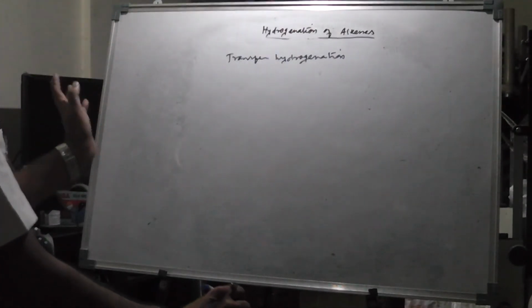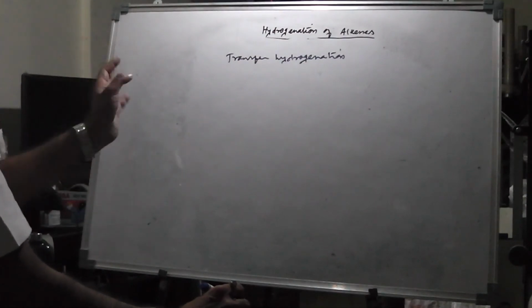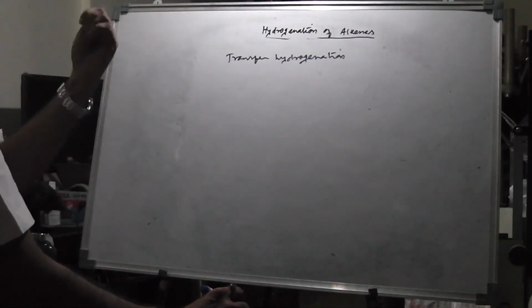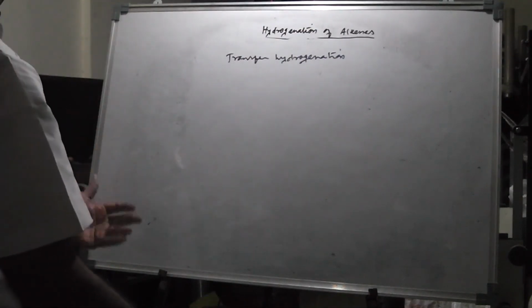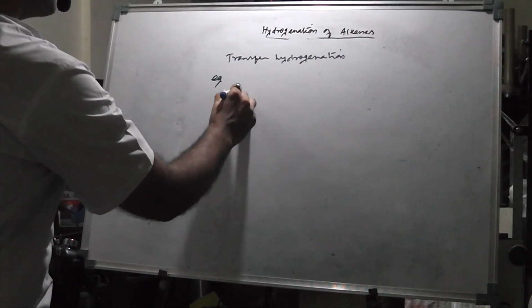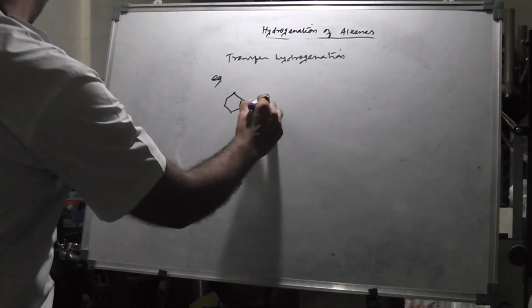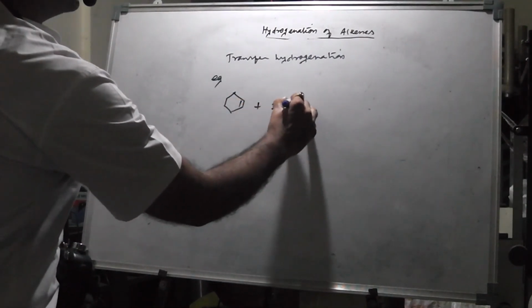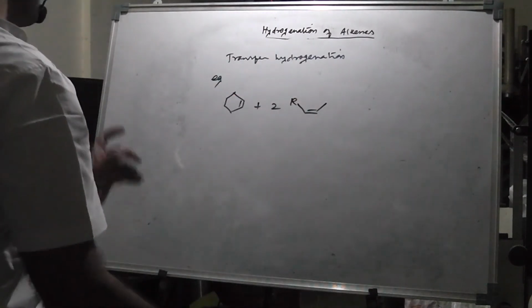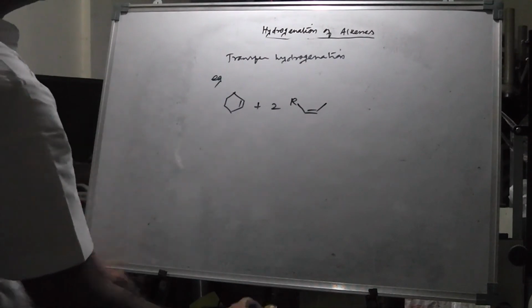Thereby, the molecule that is transferring the hydrogen gets oxidized, and the molecule that receives the hydrogen gets reduced. That is what we have to look at. Example, in the presence of palladium catalyst, the reaction of an alkene with cyclohexene. Two molecules of alkene, because the cyclohexene can transfer two molecules of hydrogen itself.